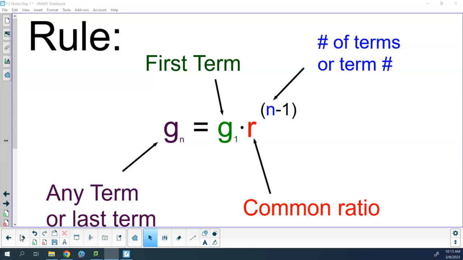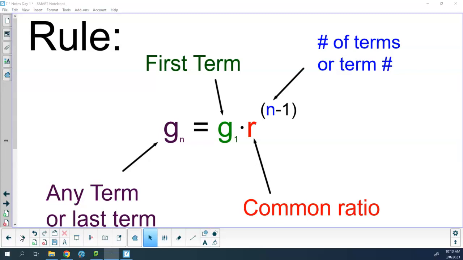Now, two things in terms of geometric sequences. One, your individual terms have the potential to get really big really fast. If you're multiplying by 7, let's say you start with 1.